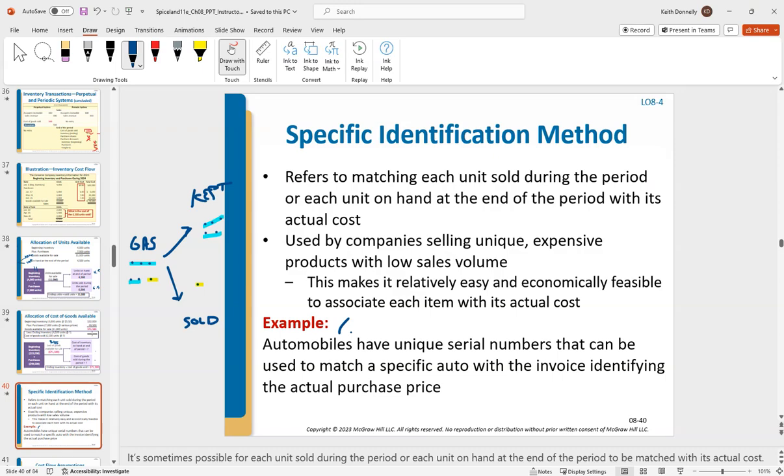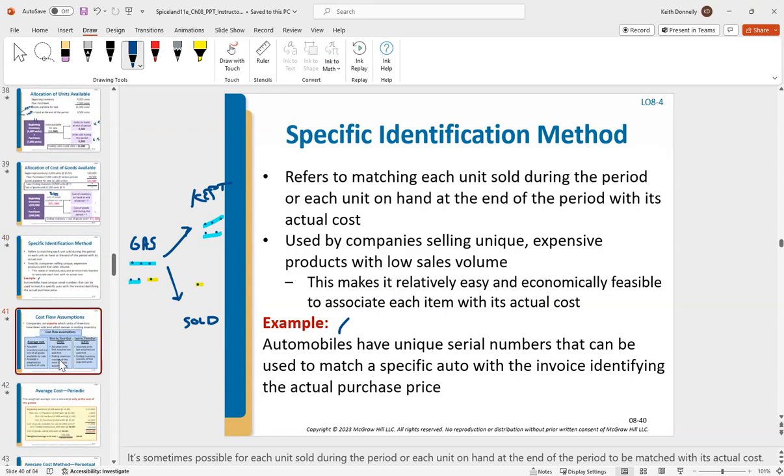But imagine that you were selling Bic pens. You were selling millions of pens. It would be hard if you had 1,000,000 pens, your goods available for sale, and you said, I know I sold 700,000 and I kept 300,000. That would be pretty hard to specifically ID.